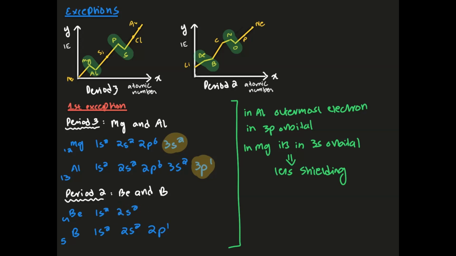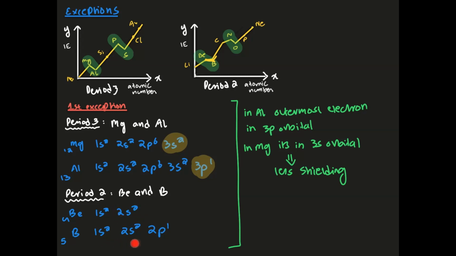Similarly, if you take a look at period 2, beryllium and boron. If you take a look at beryllium and boron, the electronic configuration for beryllium is 1s2 and 2s2, and for boron it's 1s2, 2s2, and 2p1. Now as you can see over here, in boron, the valence electron is in the 2p orbital, and in beryllium, it's going to be in 2s.